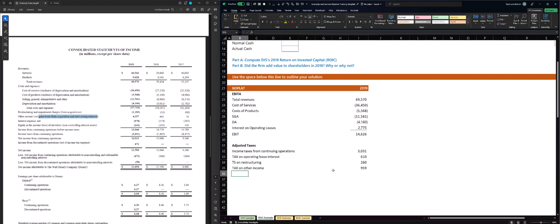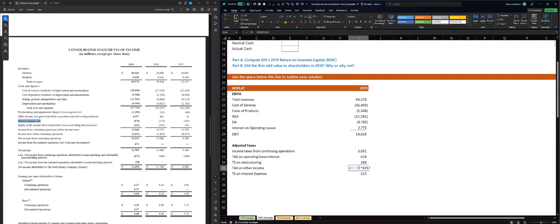All right, next one would be interest expense, and it's negative, so it would be a tax shield on interest expense times 9.